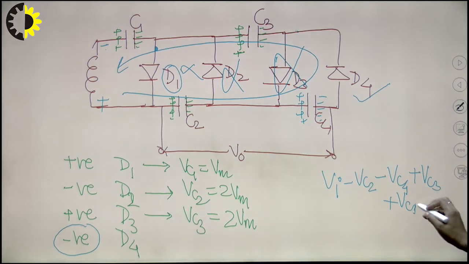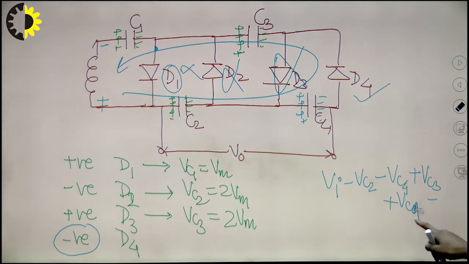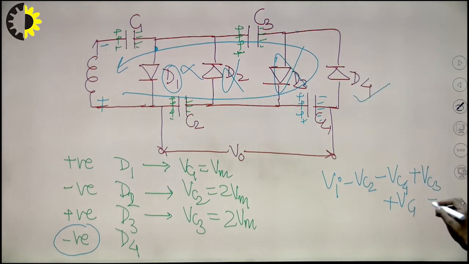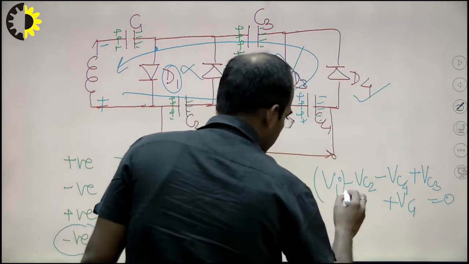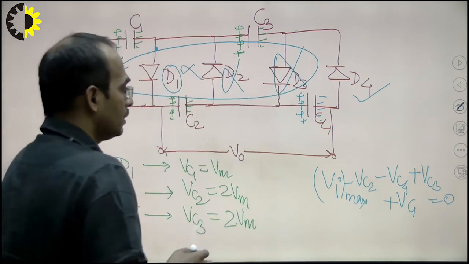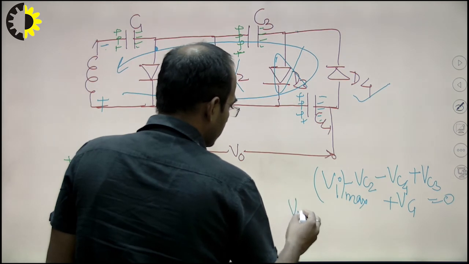Okay. So, this is Vc2, this is Vc4, this is Vc1, equal to 0. So, Vi is nothing but Vi maximum, which is Vm.